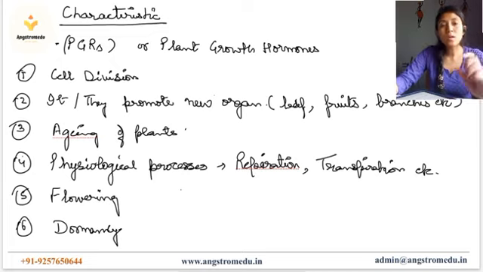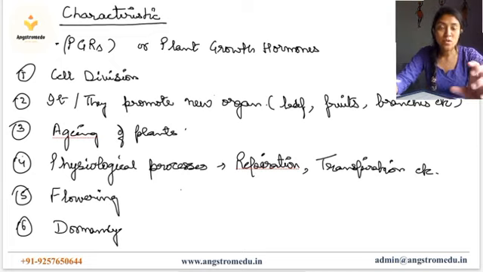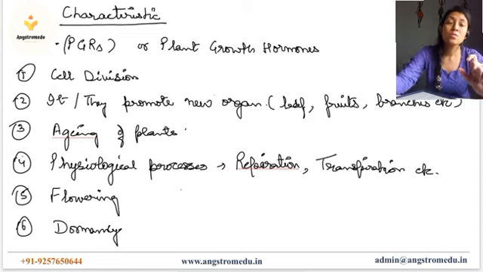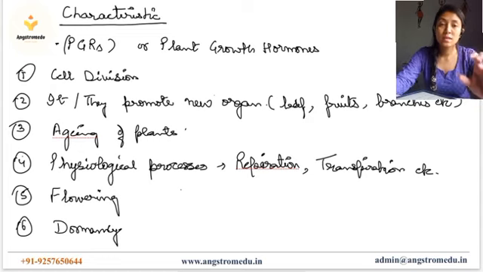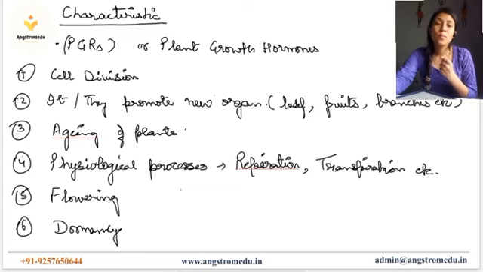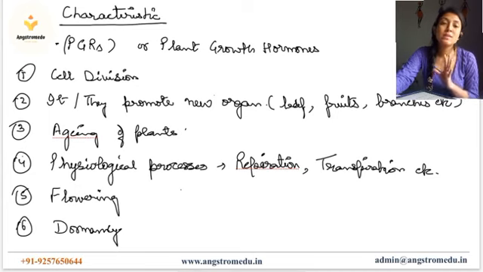What is dormancy? Dormancy is the stage where your seed is not germinating, where your seed is in resting phase. Dormancy is not the dead phase. Dormancy is a resting phase when the seed is performing its basal metabolic activity but is not showing any signs of growth. It is not dead, it is living, but it is not growing.